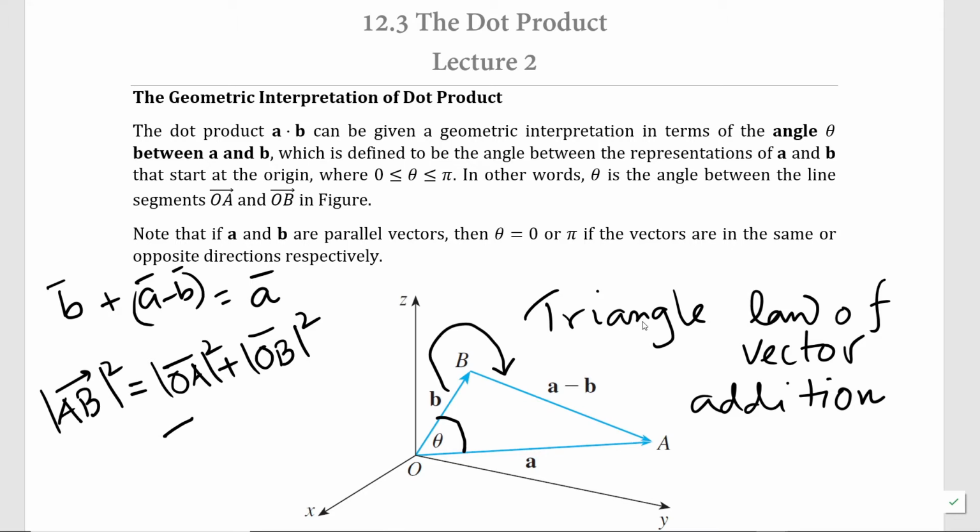minus 2 times the product of the magnitudes of the vector A and the vector B and the cosine of the angle between them.